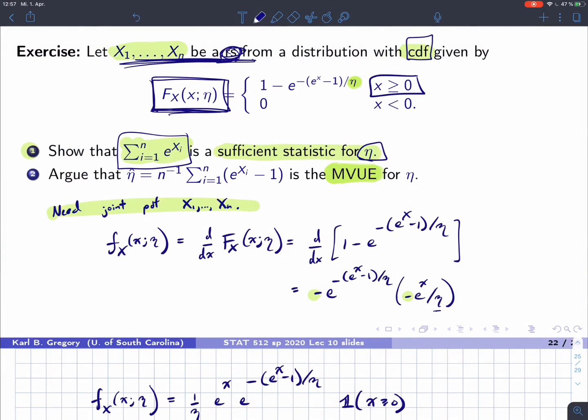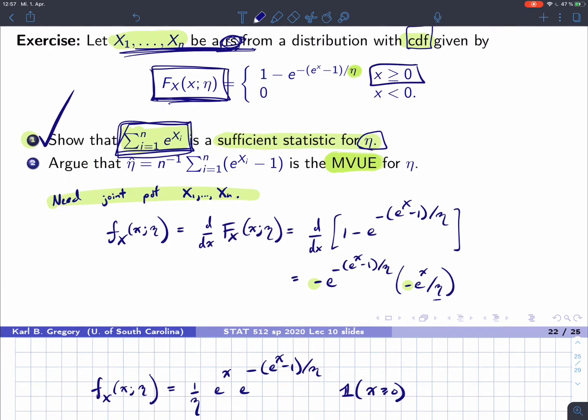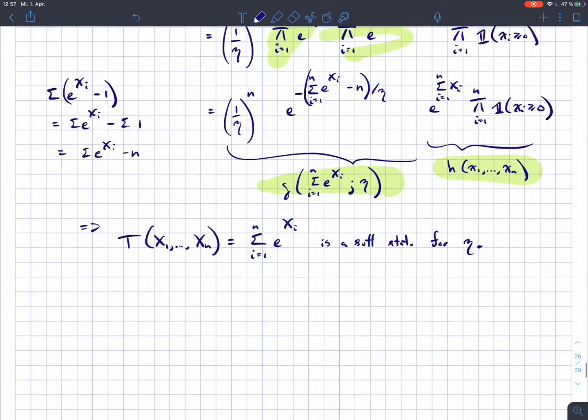We have shown that this is a sufficient statistic for eta. Now what we want to do is, from there, go on and find an actual estimator for eta. And here is a candidate for the minimum variance unbiased estimator of eta.